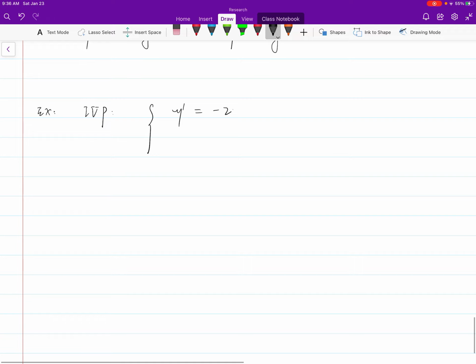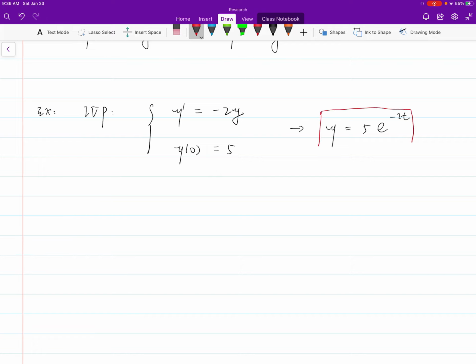Let's take the most easy one. y0 equals, let's do, I don't know, 5. All right. It's very easy to see that the answer is going to be y equals a constant, but we can plug in the initial value, e to the negative 2t. This is based on what we had before. But now let's solve it using Laplace transform instead.